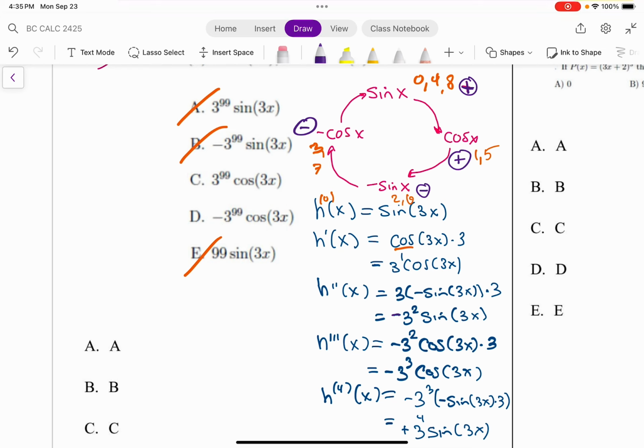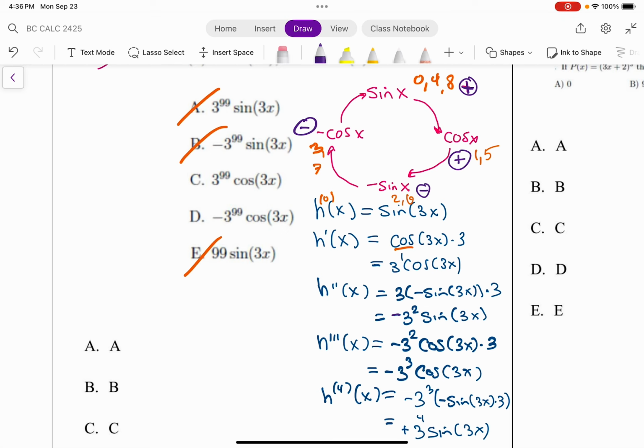And so then the question is which one of these is 99 going to fit into? It's got to be one of the two cosine ones. We've already established that. But does it belong to the 1, 5 camp or the derivatives that are like 3 and 7, etc.? Well, this pattern's giving us the remainders of 4 in a way.